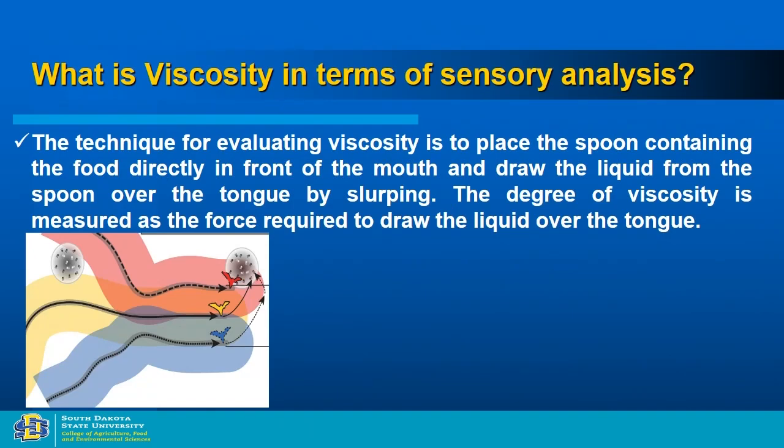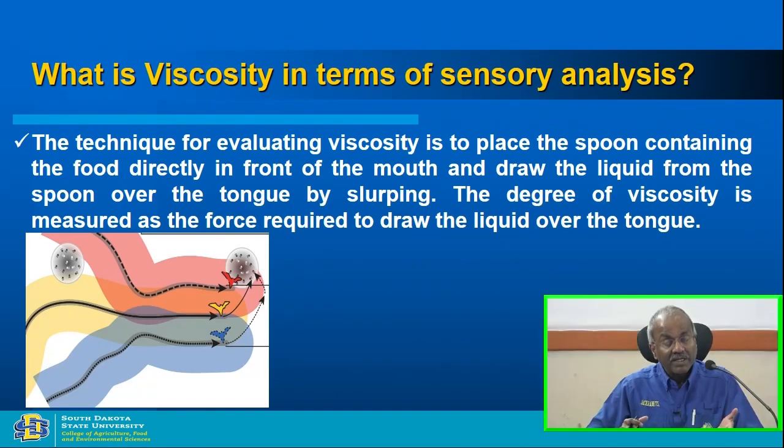So what is viscosity in terms of sensory analysis? I think we already talked about it. You can probably put it in a spoon and then slurp it. Then you can see how easy or how difficult it is for you to slurp it. The higher the difficulty, the higher the viscosity.